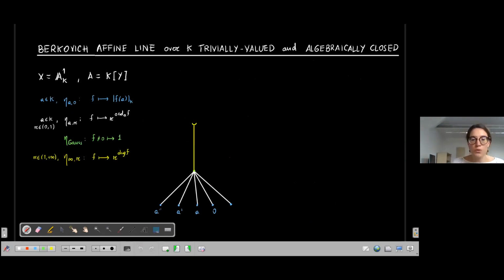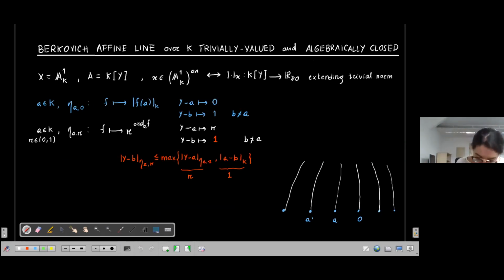As soon as we do this, what we construct is called the Gauss norm, that sends every polynomial f different from 0 to 1. As you can see, all these intervals that are parameterized by the open interval 0, 1 connect at this point, the Gauss point.